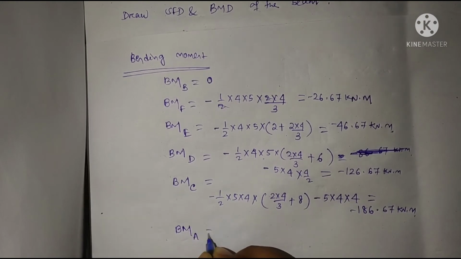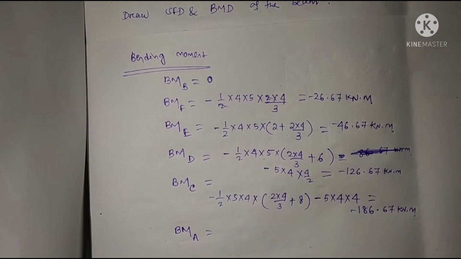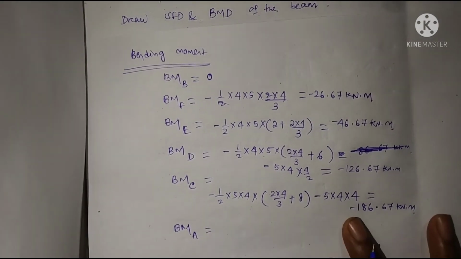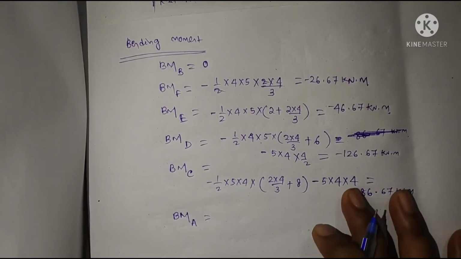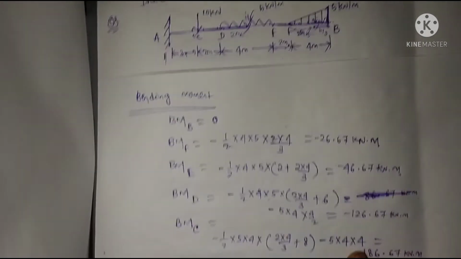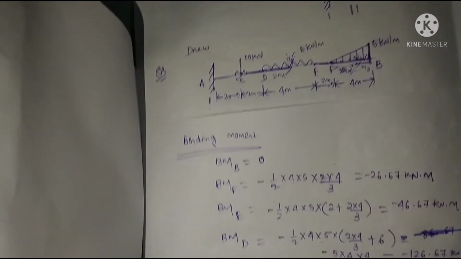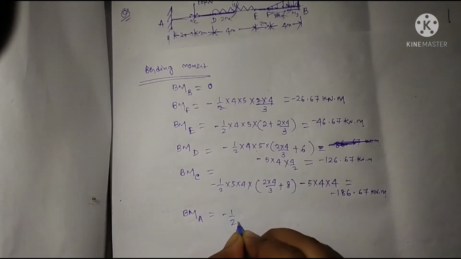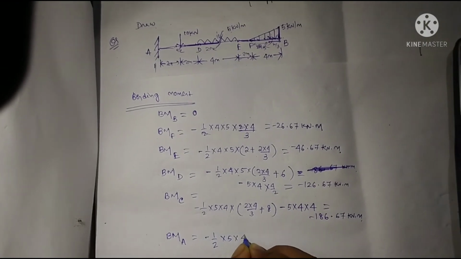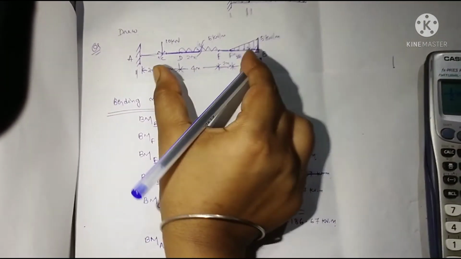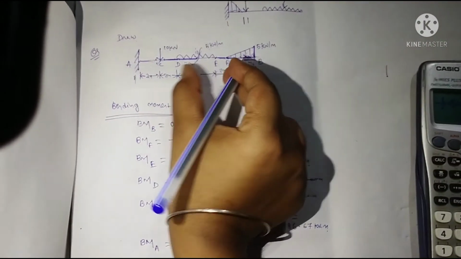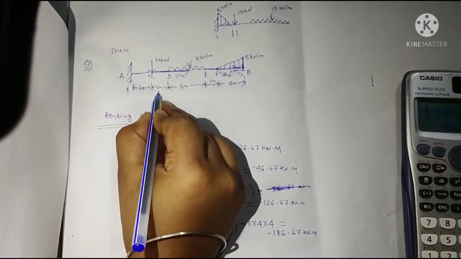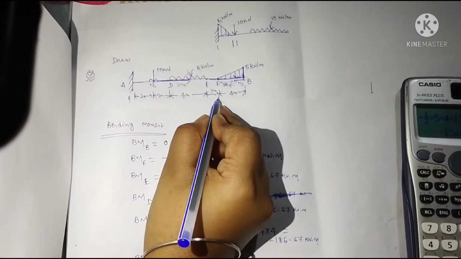Now calculate bending moment at point A. Bending moment at point A will be minus half into 5 into 4, and the distance will be 2h by 3 plus this distance, 2 plus 2 plus 4 plus 2.